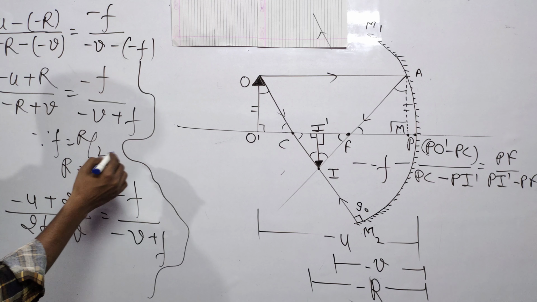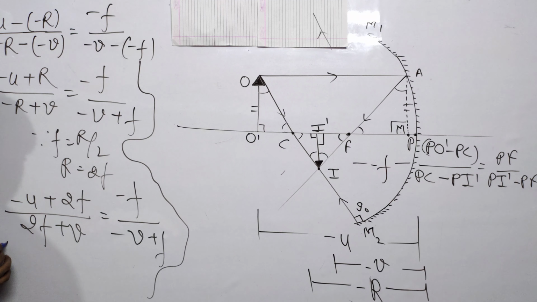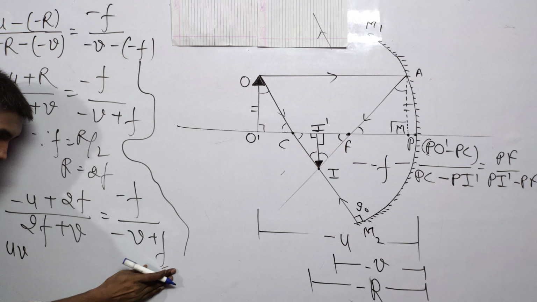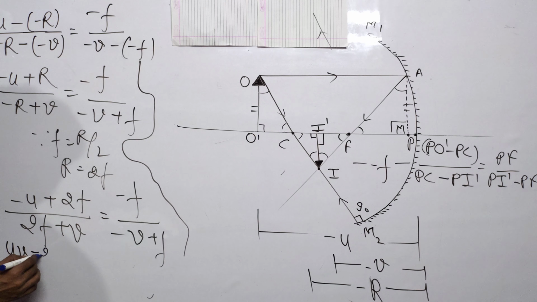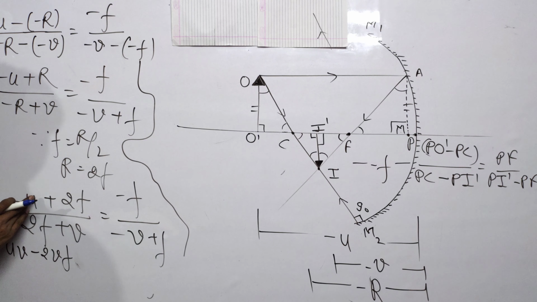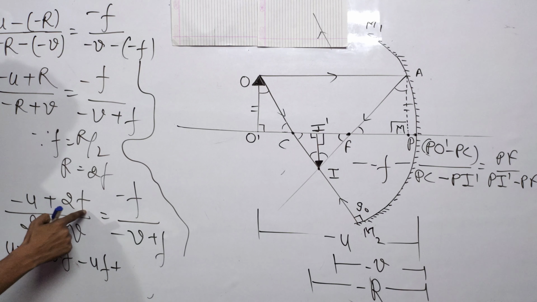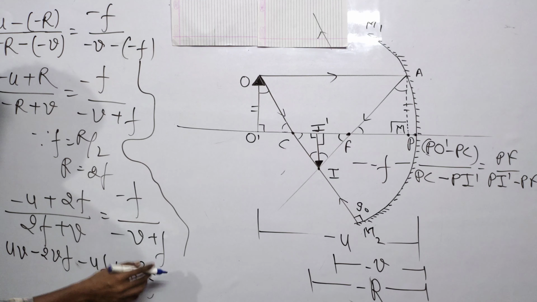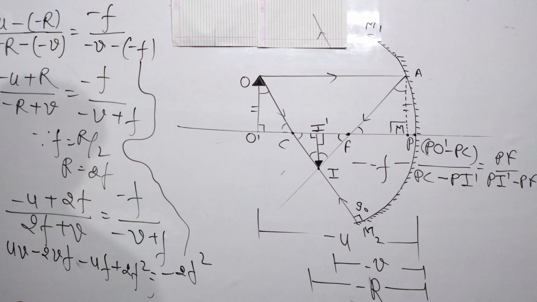Take a multiplication with both, minus U multi minus V. That will be, see here, minus U multi minus V, UV, and minus V multi 2F, minus 2VF, plus F multi U, minus UF, plus 2F square minus 2F square.